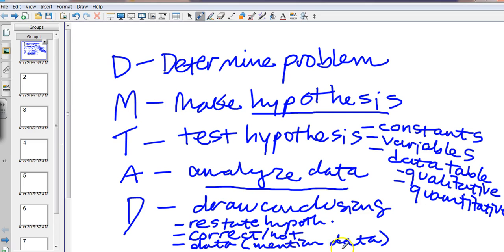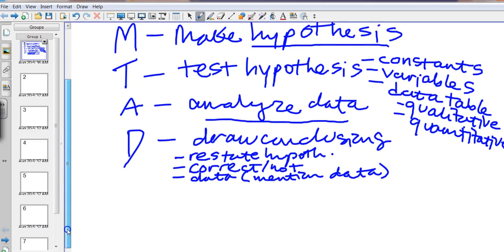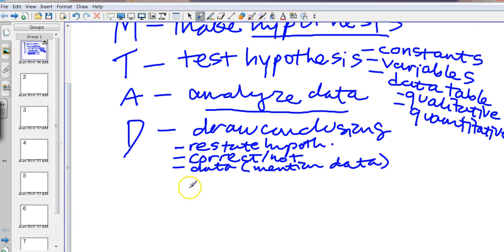So in that sentence, you would say something along the lines of referencing trial 2 during minute 5, that kind of thing, so that you can use that in a statement that supports if your hypothesis was correct or not. Then you want to identify error in your experiment.